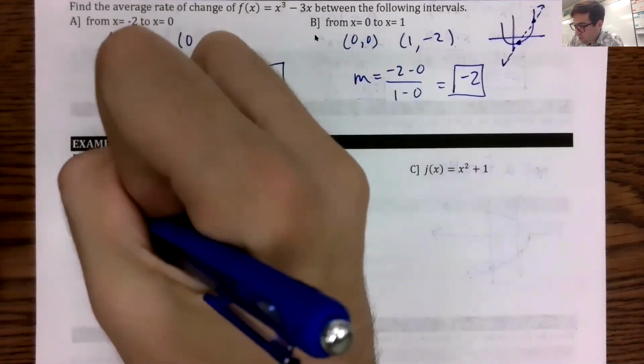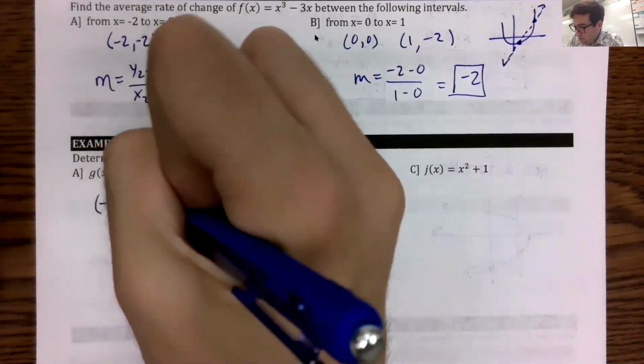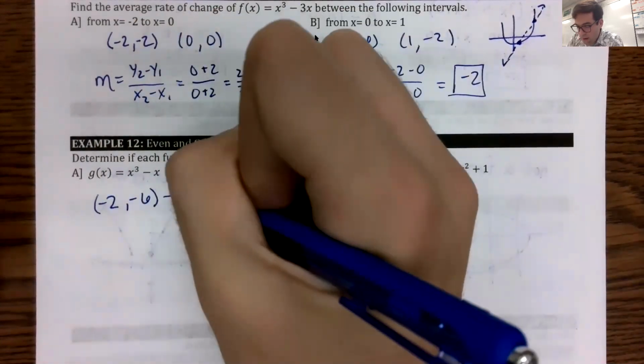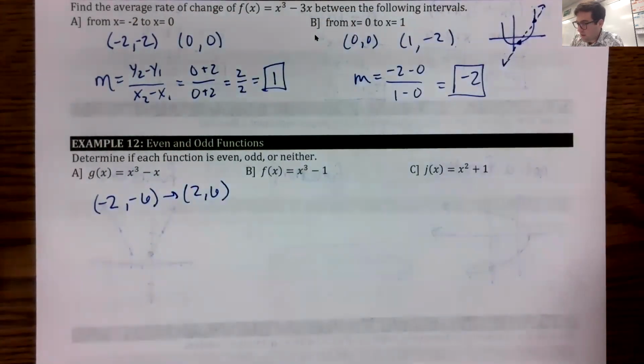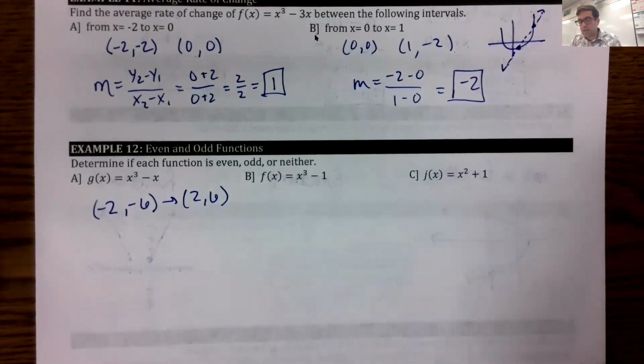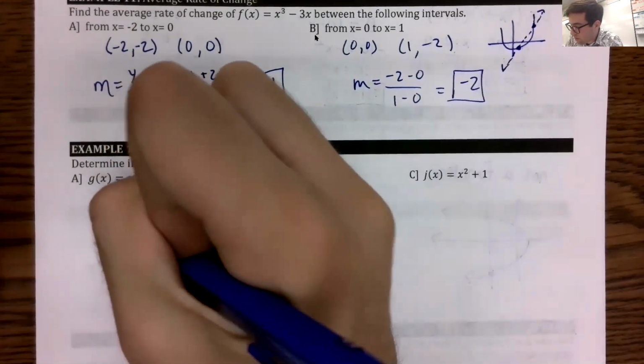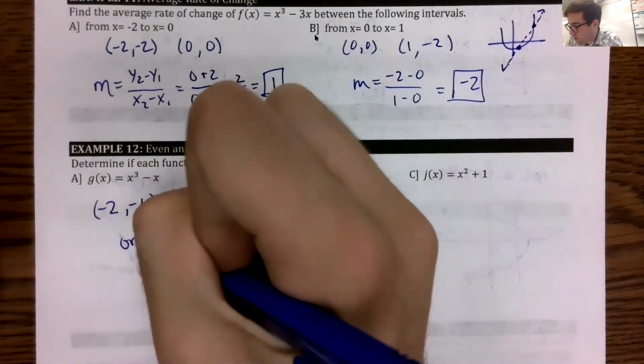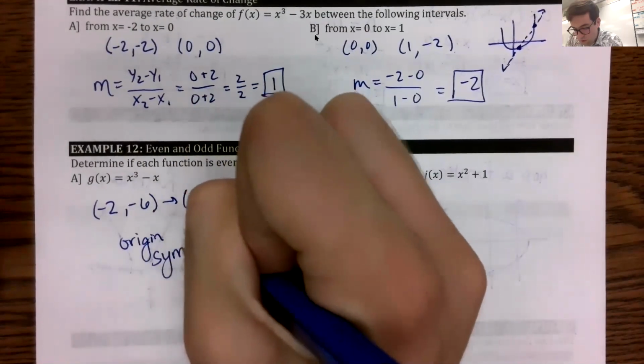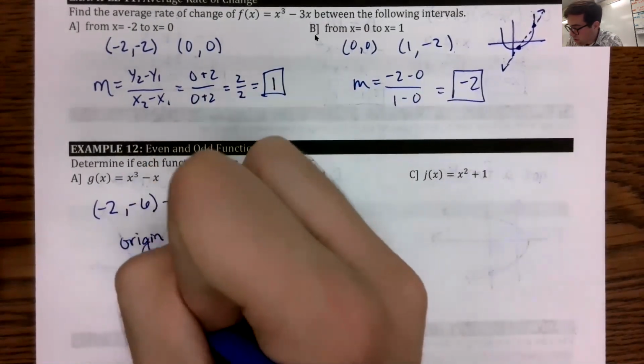You'll see an example like -2, -6 maps to 2, 6. So that means once you look at that and a couple other examples, this is origin symmetry, which makes this an odd function.